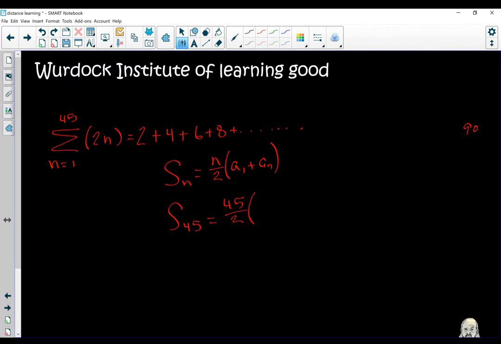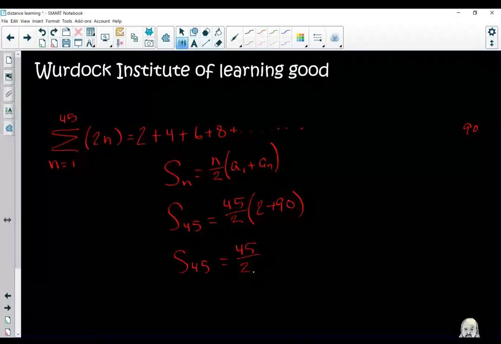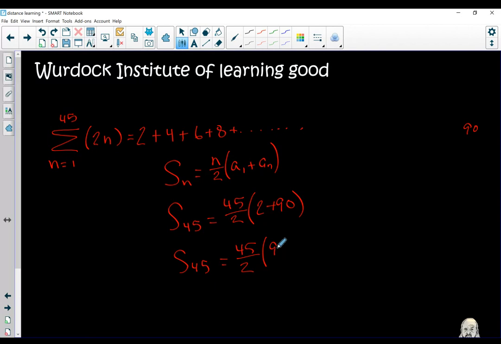Your first term is 2, and in this case, 90 is your last term. I'll just rewrite this one time as 45 over 2 times 92. Now I'll do the math for us. And you get 2025.